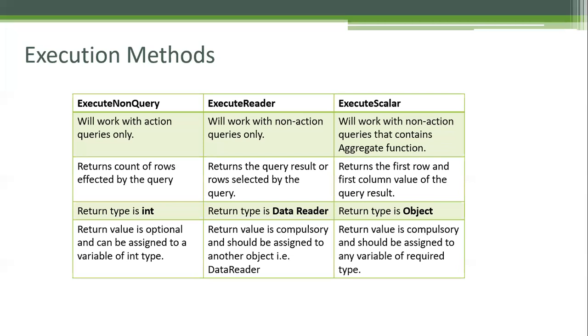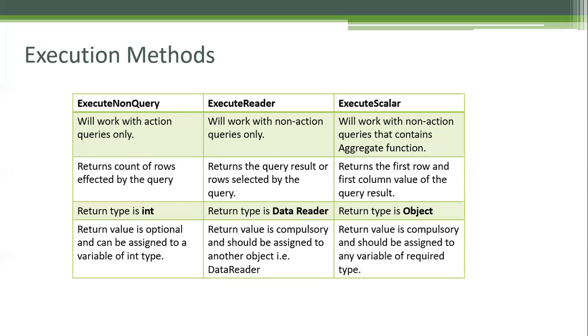As it works with aggregate functions, it returns the first row, first column value of the query result. When we perform average, there will be only one value, in the first row, first column. The return type is object.